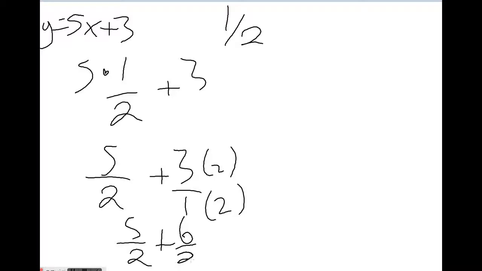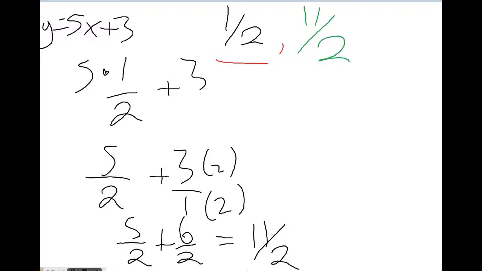So our new expression is 5 over 2 plus 6 over 2, which equals 11 over 2. So if your x is 1/2, your range will be 11 over 2. You can change that to a decimal if you prefer, which will be 5 point something. Alright, next.